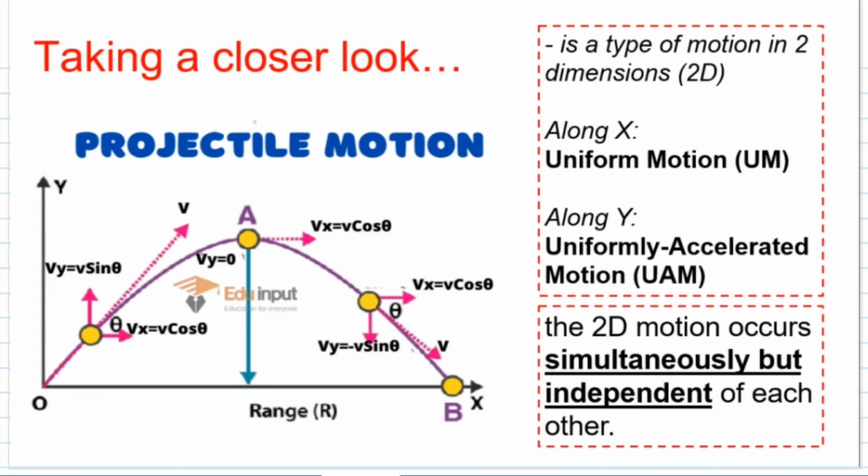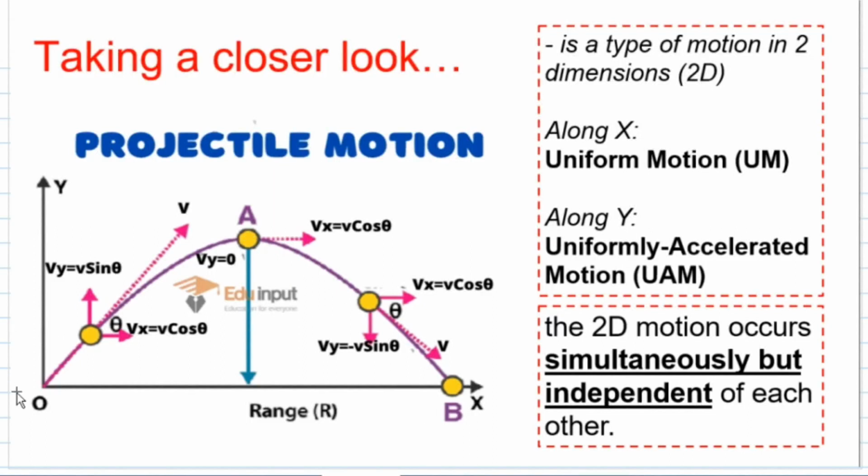Next, let's take a closer look at the path of a projectile. Say, for example, may hinagis kang object at a certain angle or horizontally, then the path will be curved. So, it's either kalahati, kung hinagis mo yung object horizontally, so yung parang kalahati nitong diagram, yun yung magiging path niya.